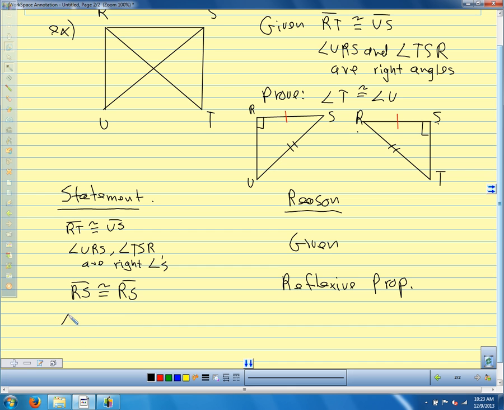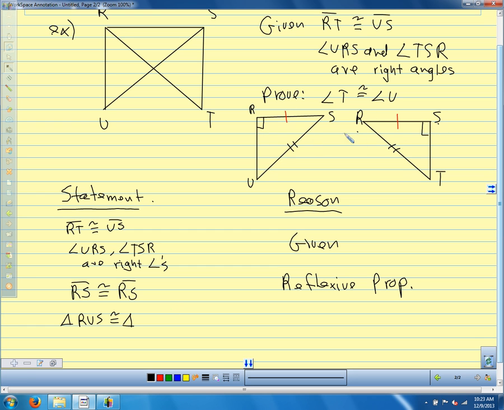So I'm going to say that triangle RUS is congruent to, if I write RUS, how am I going to write my other triangle? So here I have RUS. What angle on the other triangle is going to match up with angle R? Angle S. I have to match angle R with angle S.